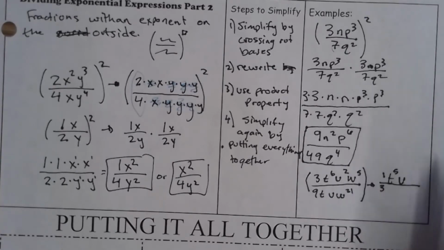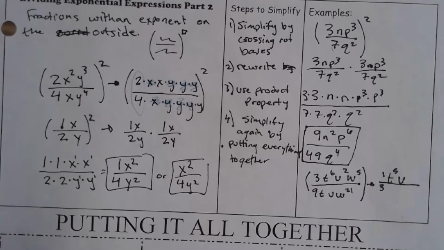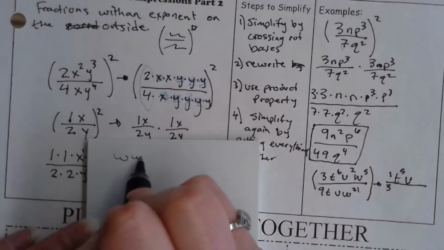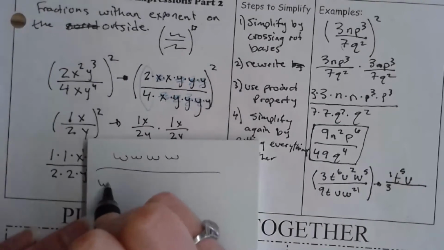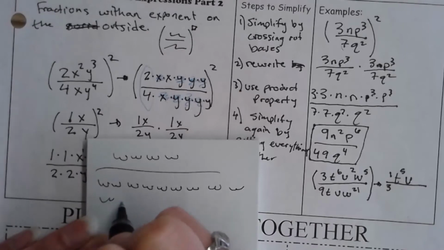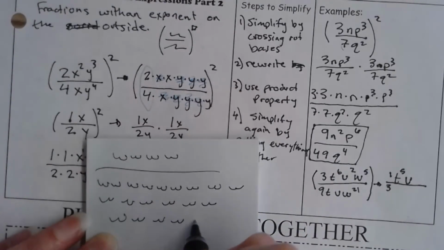I have 5 w's on top, 21 on the bottom. So if you had your 5 w's written out, you had 21. 16, 17, 18, 19, 20, 21.